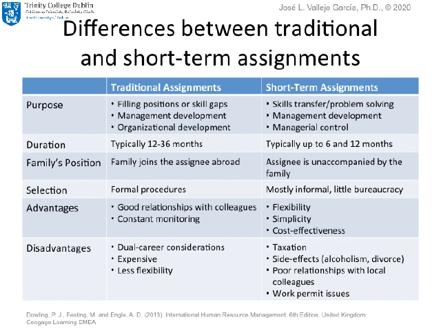Disadvantages of short-term assignments include taxation issues related to that assignment, and side effects like alcoholism or divorce. That's not the case every time, but it sometimes happens that in these periods some of these issues may arise. Poor relationships with local colleagues, because they don't have enough time to build a longer term relationship, and of course issues related to working permits.